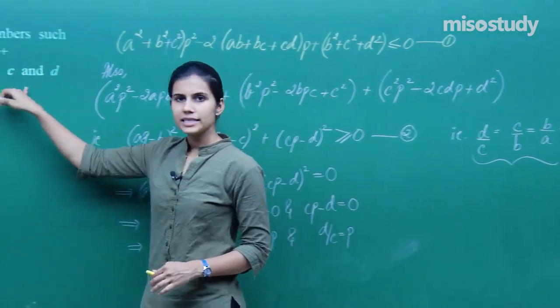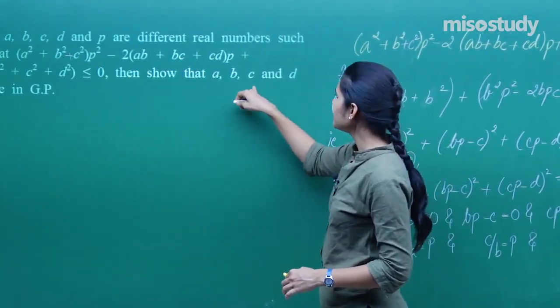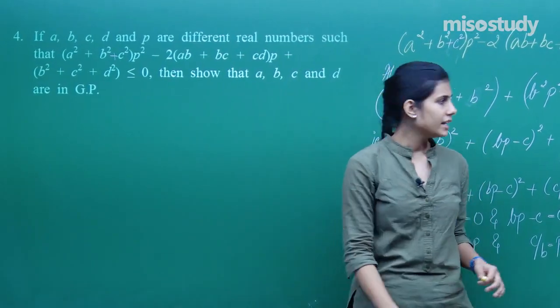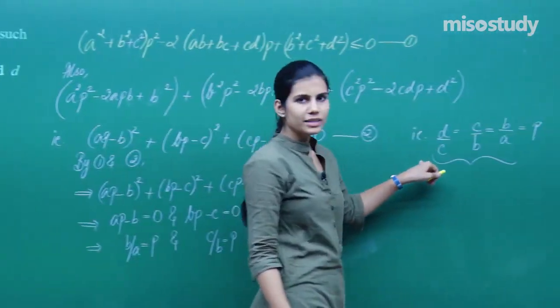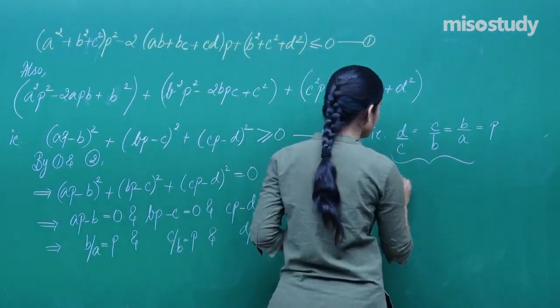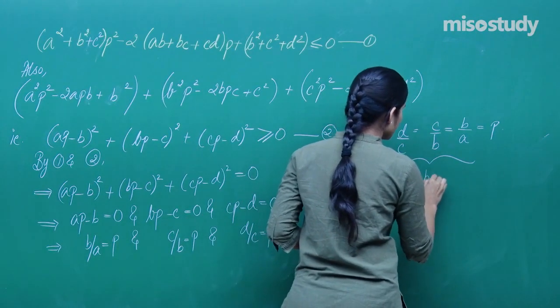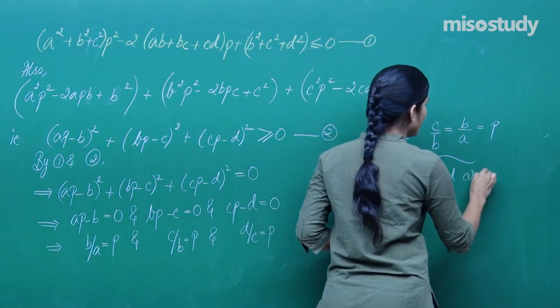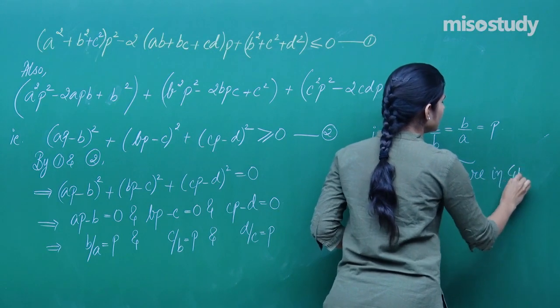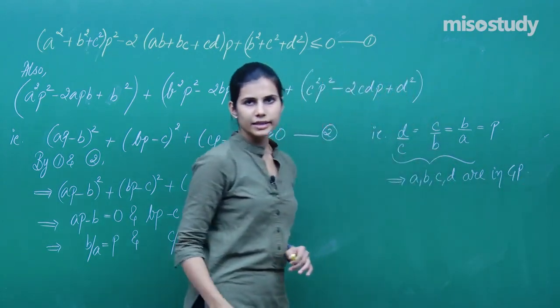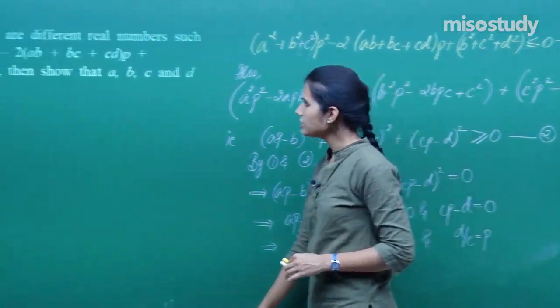In order to show A, B, C, D are in GP, I needed to show D by C equals C by B equals B by A. I am getting D by C equals C by B equals B by A equal to the same quantity P. So this implies A, B, C, D are in GP. Clear?